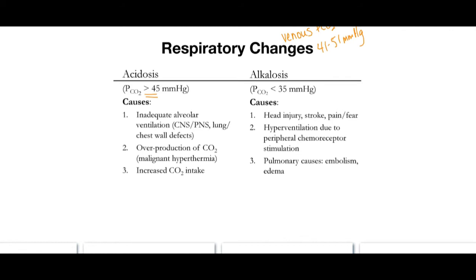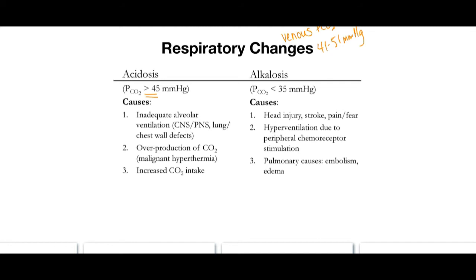We talk about malignant hyperthermia a little bit when we get into skeletal and smooth muscle in 503, specifically because of the mutation that triggers that when exposed to certain types of anesthetics. What it does is basically ramp up metabolism. So in malignant hyperthermia, your skeletal muscles are respiring at a very high rate, so they're producing a lot more CO2 than the respiratory system is usually equipped to handle.